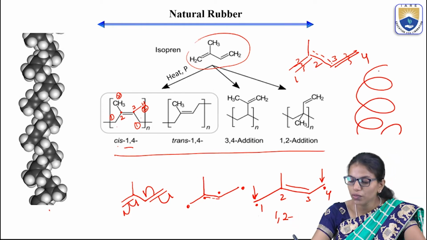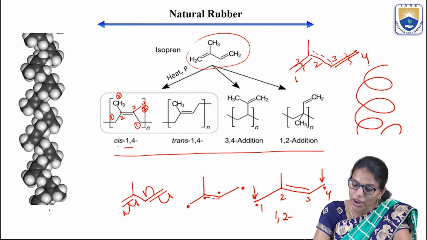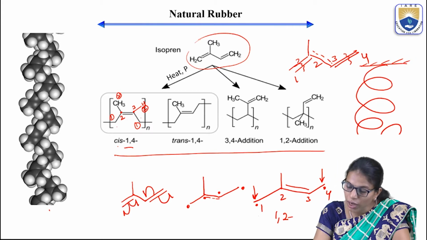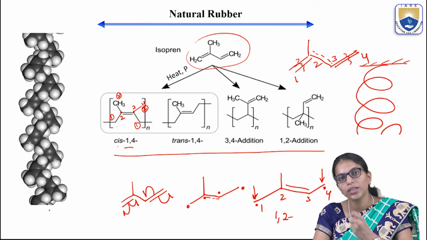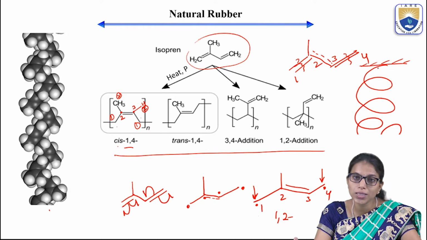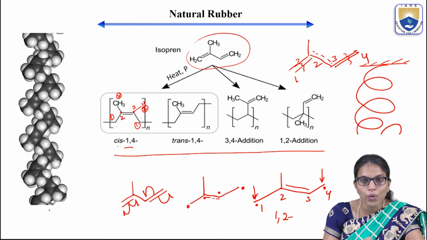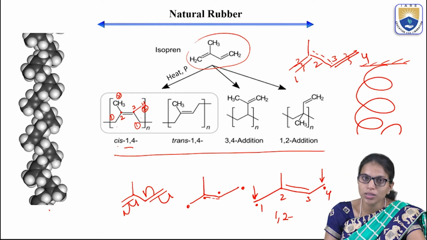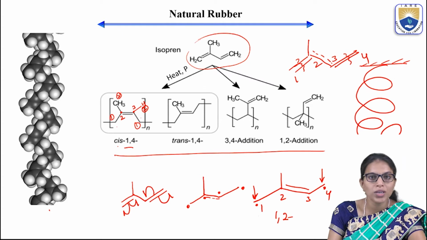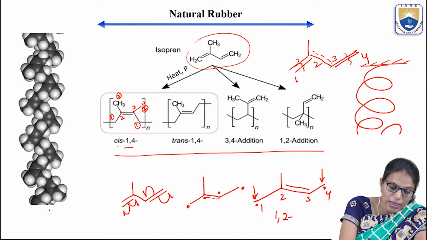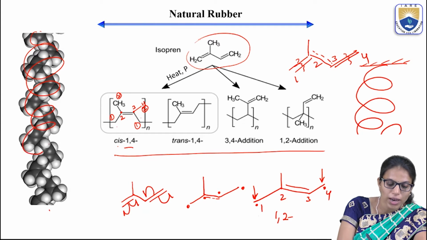On the basis of this helical structure, whenever we bind one position at some place and stretch this rubber, it shows elastic nature. Elasticity means whenever we release that particular force, it returns to its original shape. This property is nothing but the elasticity property. So on the basis of this helical structure, it has that elastic nature.